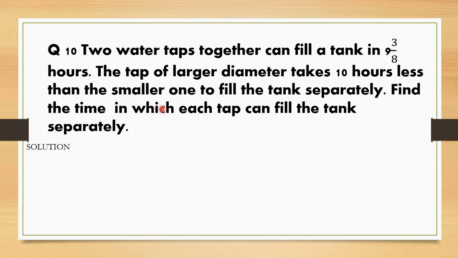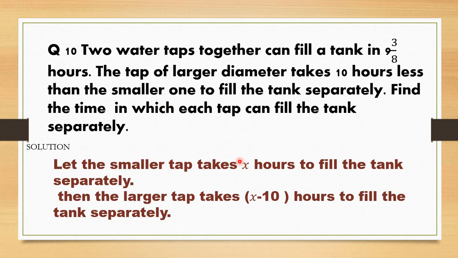So let the smaller tap take x hours to fill the tank separately. The larger diameter tap can take 10 hours less, that means x minus 10 hours to fill the tank separately. So here we have taken two quantities x and x minus 10, which are related to the time taken by the smaller and the larger tap to fill the tank separately.